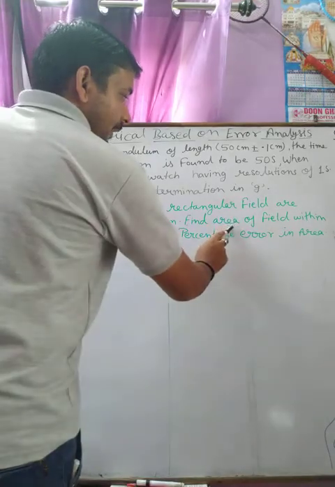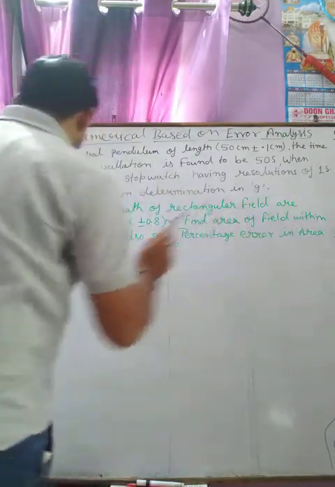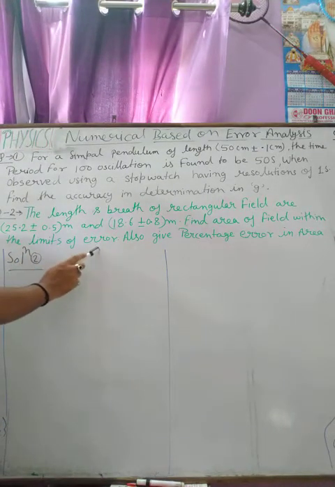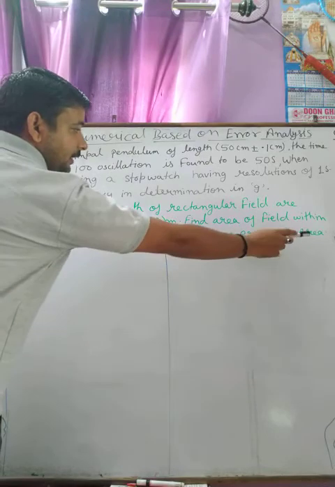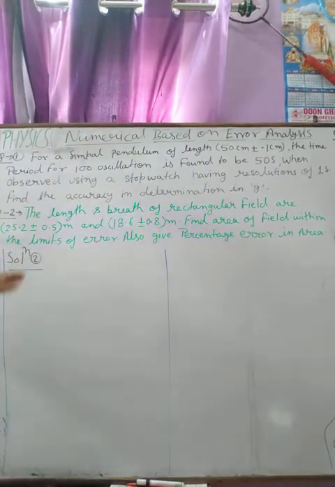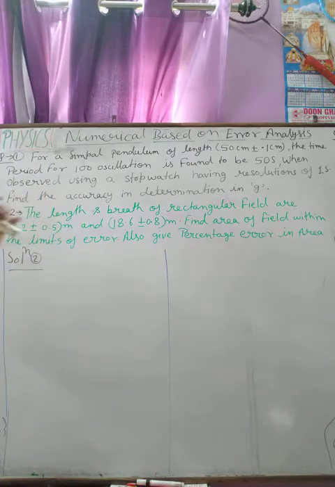Find the area of the field within the limits of errors. Also give the percentage error in the area. This we need to calculate for this question.